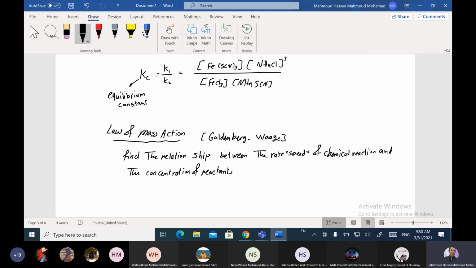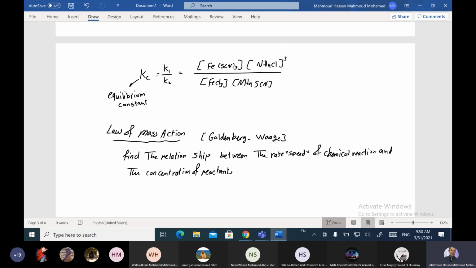So we must take care that the law of mass action takes place between the rate of the chemical reaction and the concentration of the reactant.